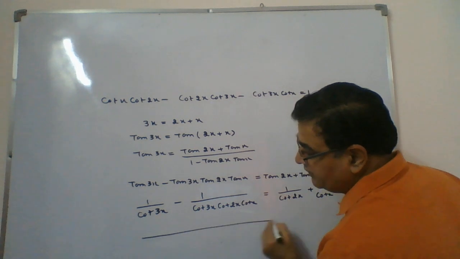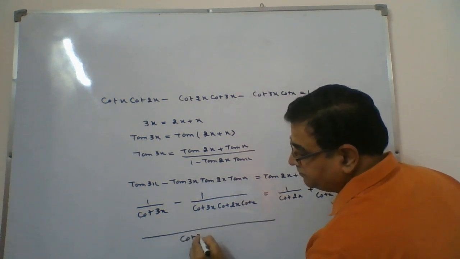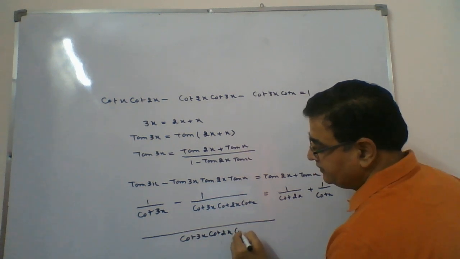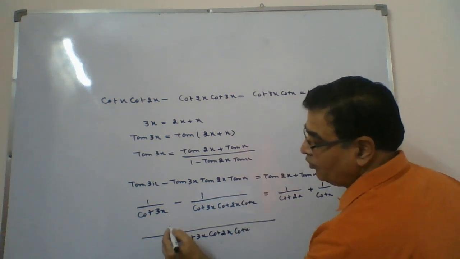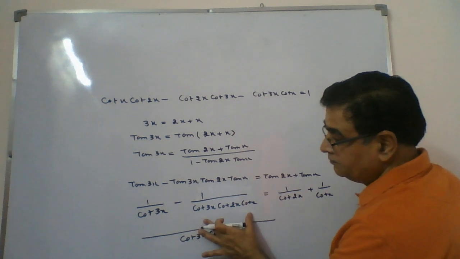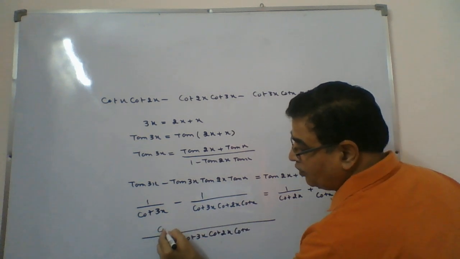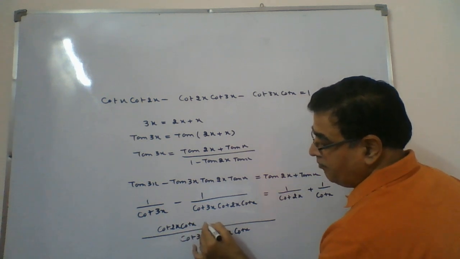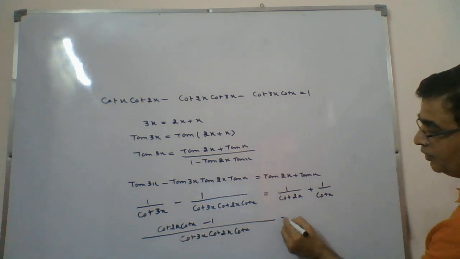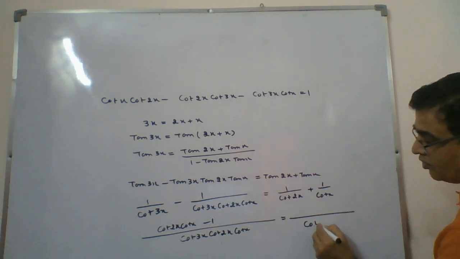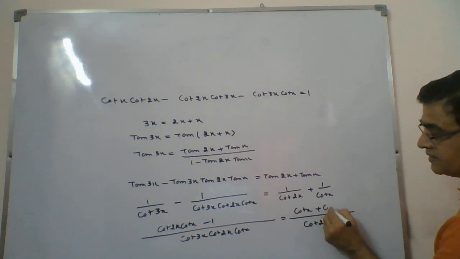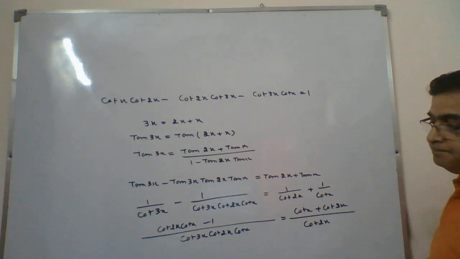Now when we go for LCM, cot 3x, cot 2x, cot x. When you take the LCM, it will come cot 2x cot of x minus 1. And here the LCM is cot 2x, so it will come cot of x plus cot of 2x.